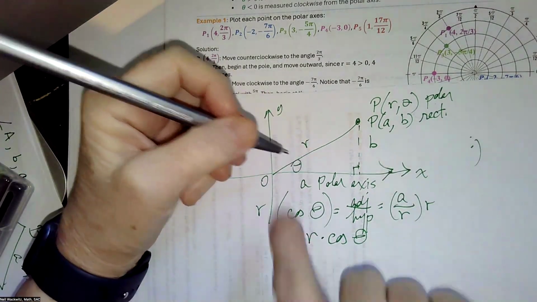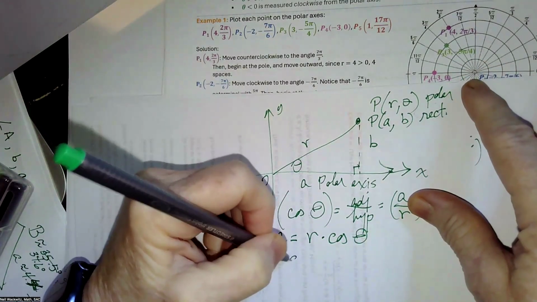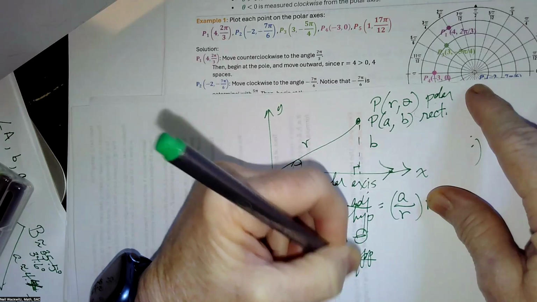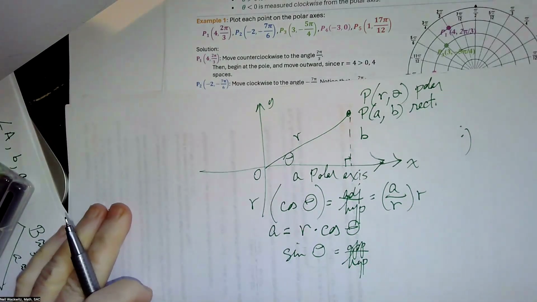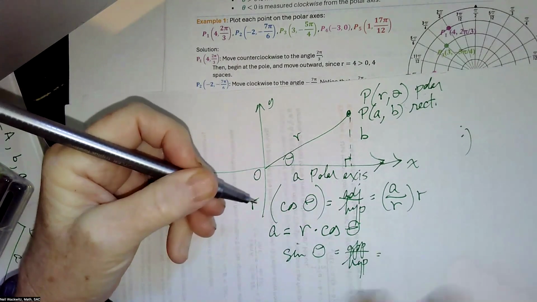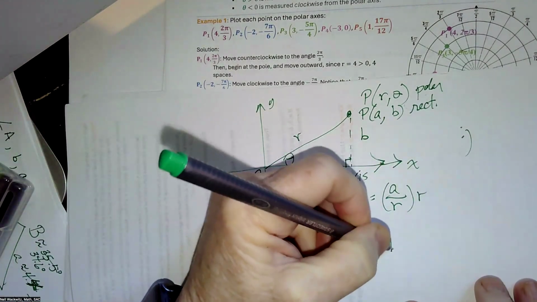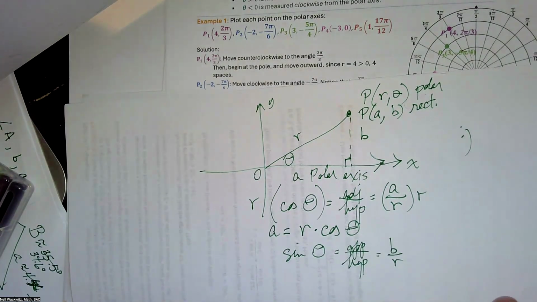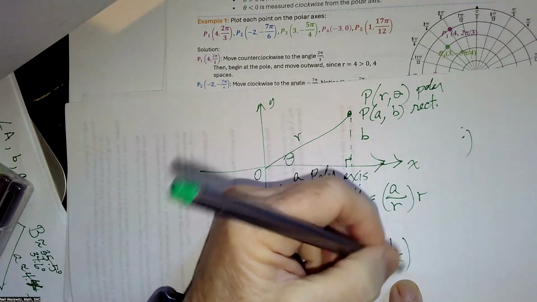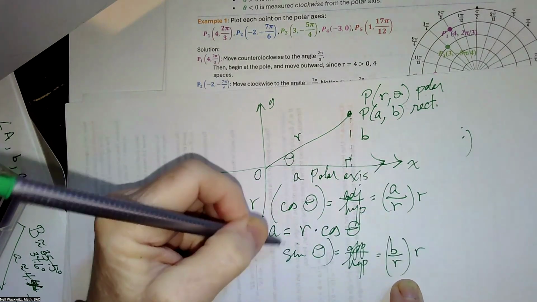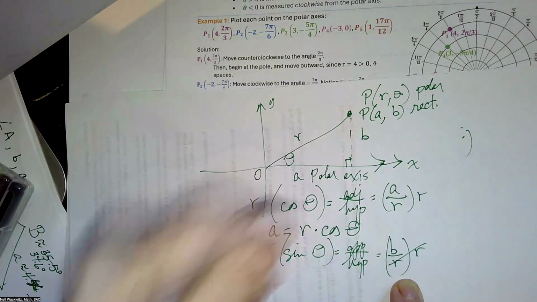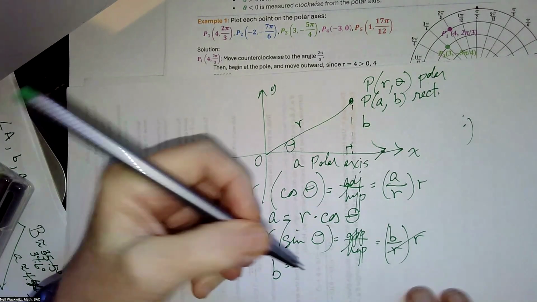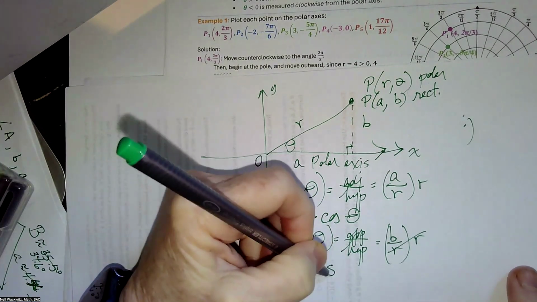And b, well, I know that the sine of theta is opposite over hypotenuse. Opposite is b, hypotenuse is r. If I multiply both sides by little r, I get b, and we see that b, the vertical distance, is r times the sine of theta.